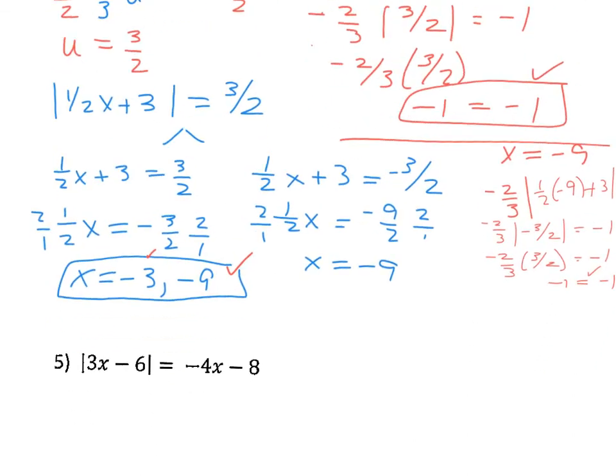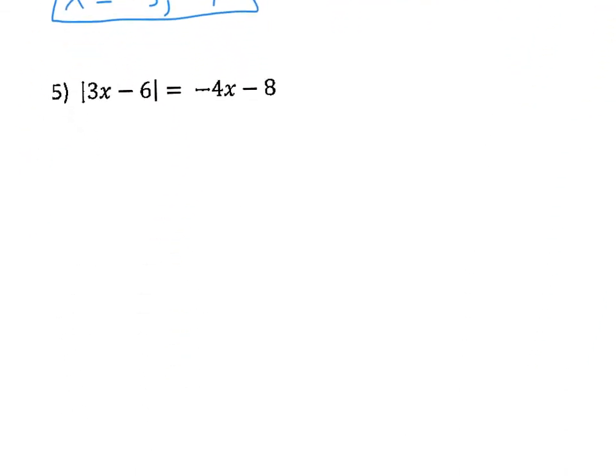Okay, let's do the last one. We don't need to isolate our bars because they're already isolated. We don't know if this is going to be positive or negative because we're not sure what x is. So we're going to take the inside and go 3x minus 6 equals -4x minus 8, or 3x minus 6 equals the opposite of -4x minus 8.